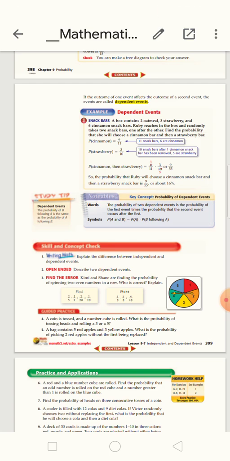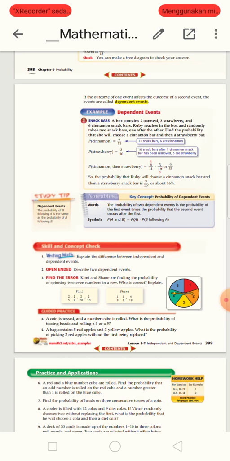The probability of dependent events is the probability of the first event times the probability that the second event occurs after the first. Symbols. P(A and B) = P(A) times P(B following A). Skill and concept check.